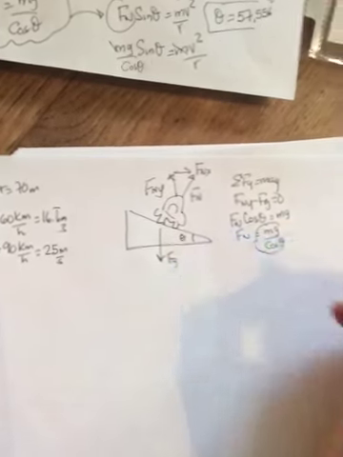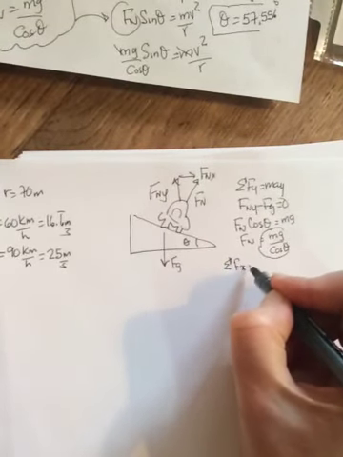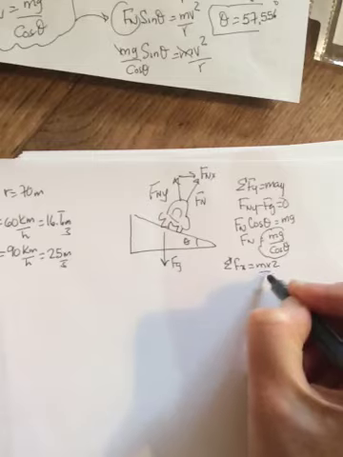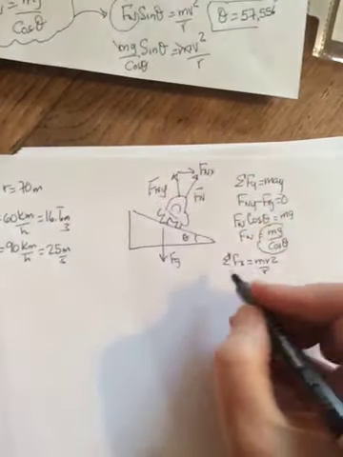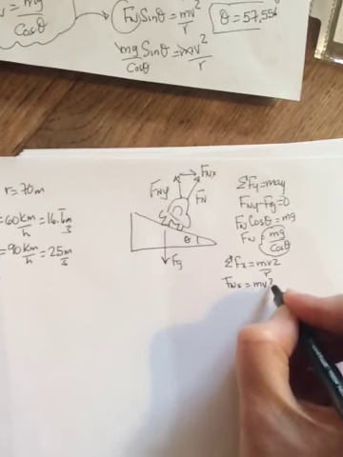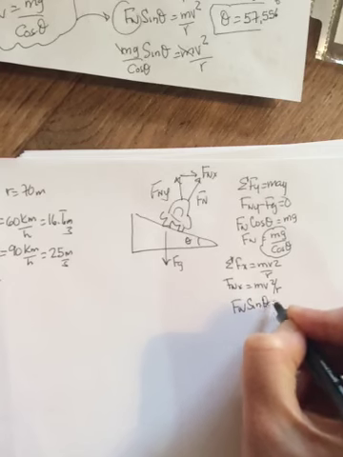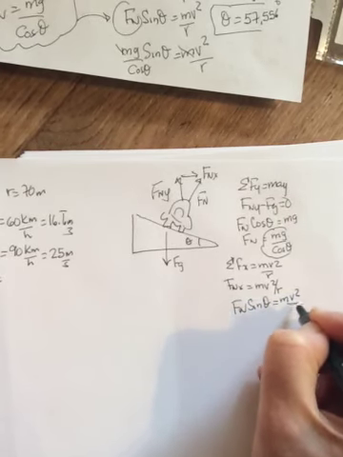And then you're going to use this in the x direction. So sum of the forces in the x direction will equal mv squared over r. And if there's no friction, then this will be Fnx is equal to mv squared over r. So Fn sine theta is equal to mv squared over r.